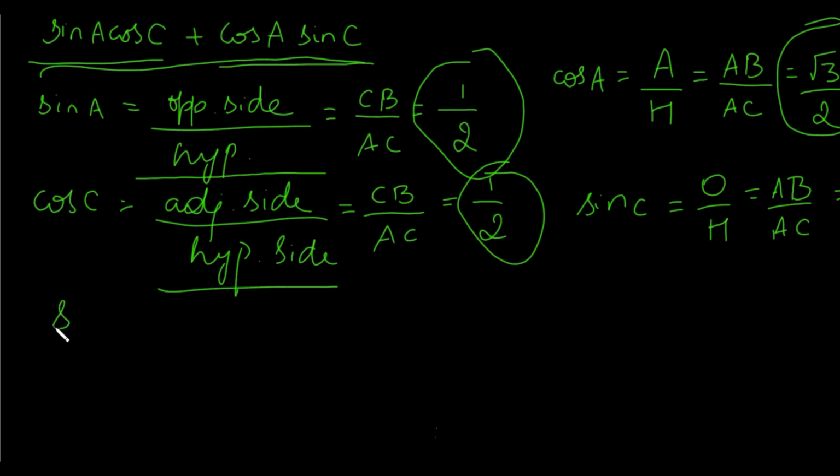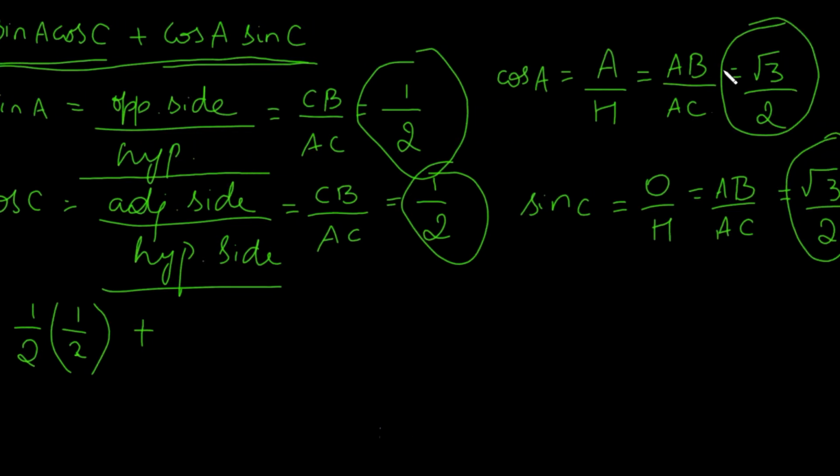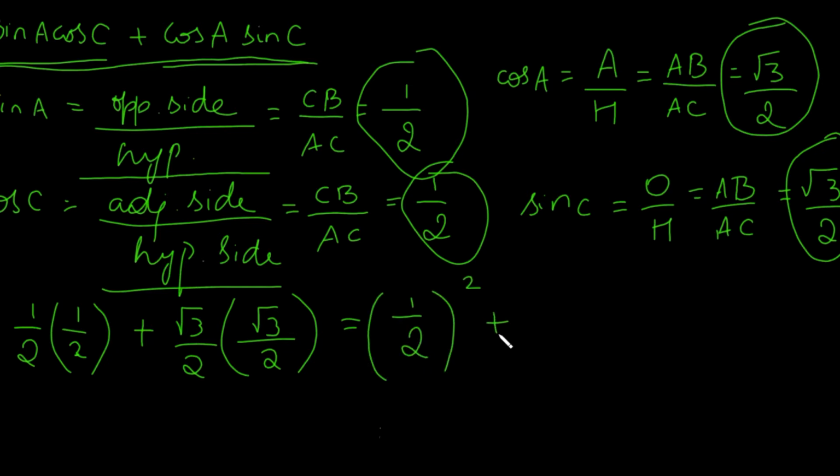Sin A value, as we know, is 1 divided by 2 into cos C value, which is 1 divided by 2, plus the value of cos A, which is root 3 by 2. Value of sin C is also root 3 by 2. So in simple terms, the equation is going to be 1 by 2 whole square plus root 3 by 2 whole square.